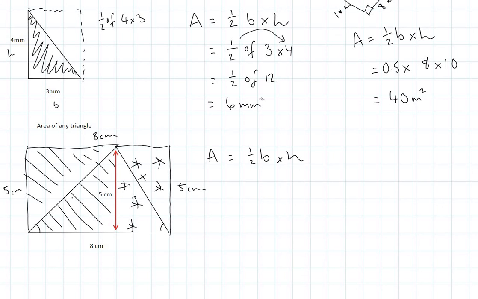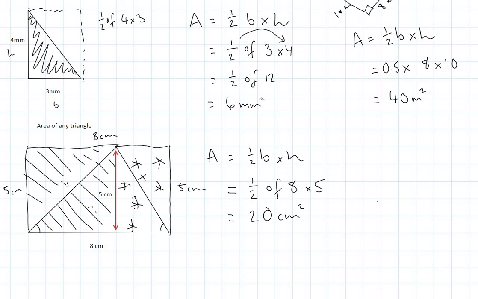So it's like I'm halving this bit and I'm halving this bit. Overall, it's just half of the rectangle, so it's still half the base times the height. So let's do that now. I've got half of the base times the height, so that's 8 times 5. Half of the 8 is 4, times 5 is 20 centimeters squared.